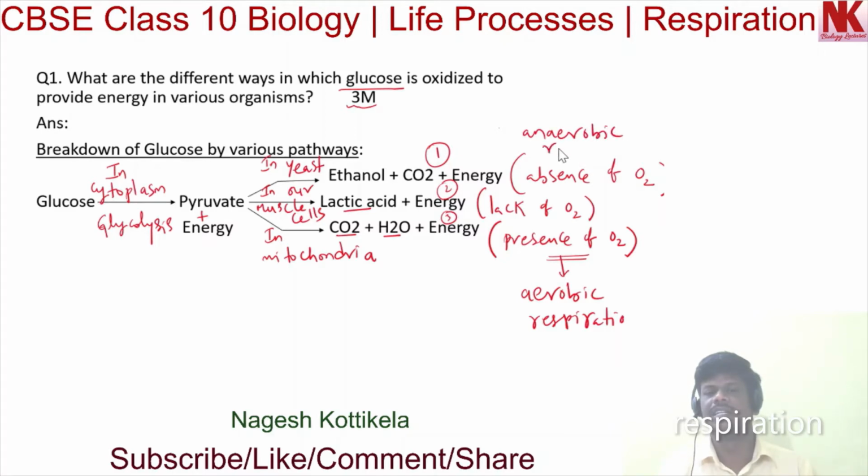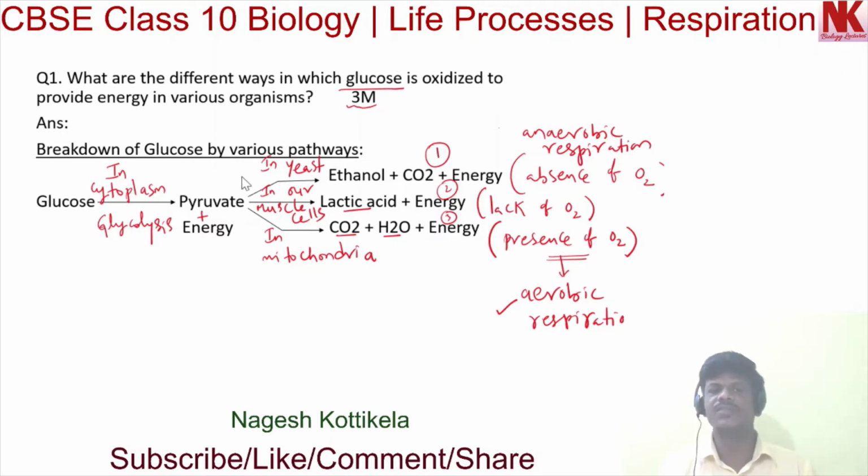If the respiration process occurs in presence of oxygen, it is aerobic respiration. If it occurs in the absence of oxygen, then it is called anaerobic respiration. And here also it is because of a lack of oxygen, so it is also anaerobic respiration. So this is how breakdown of glucose occurs by various pathways.